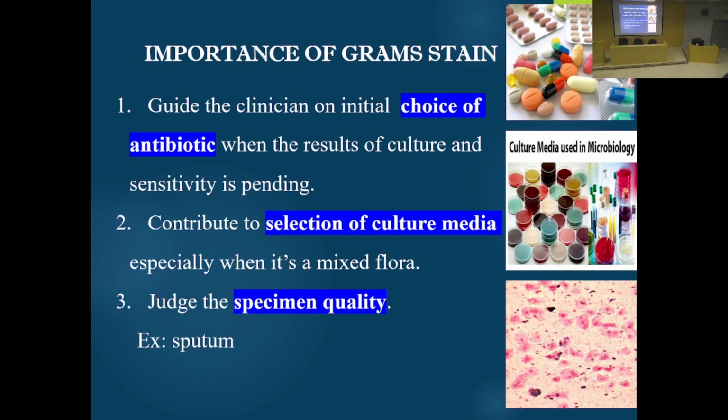Second, it helps in the selection of culture media. On the right side, there are different types of culture media used for the growth of bacteria. Once we get a sample from the hospital, we inoculate it on these different culture media. How do we select them? You can see different colors, so how do you know which one to select?